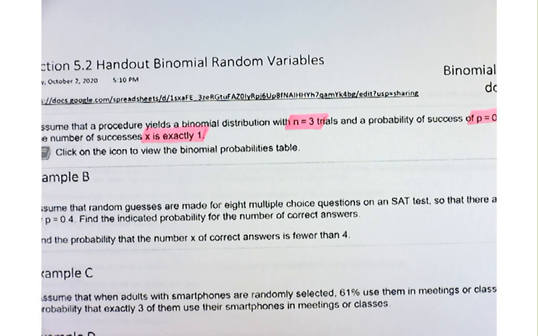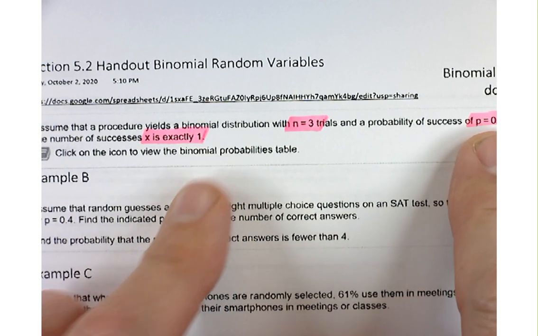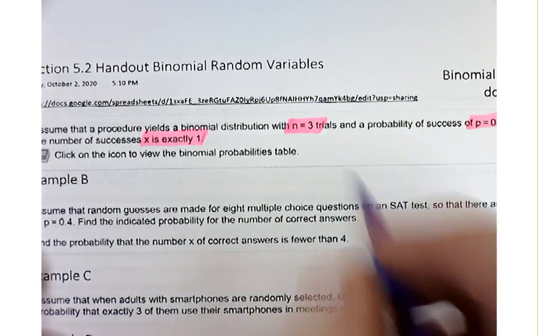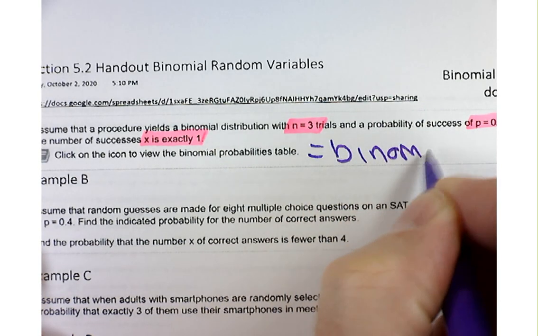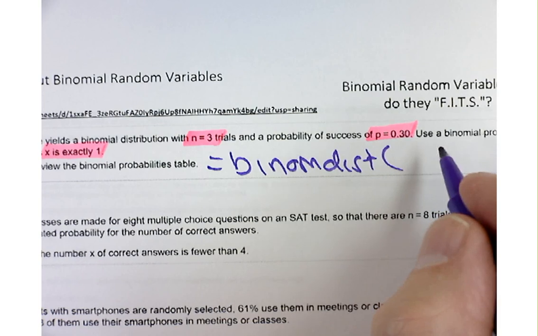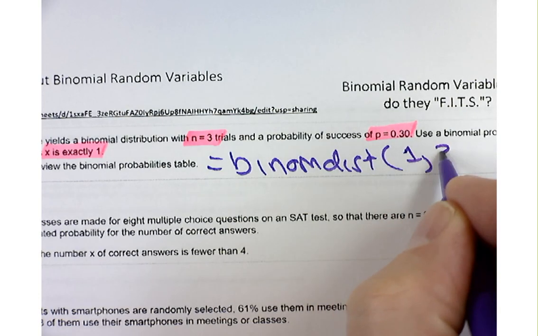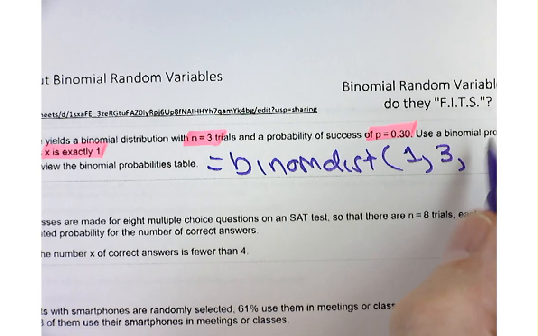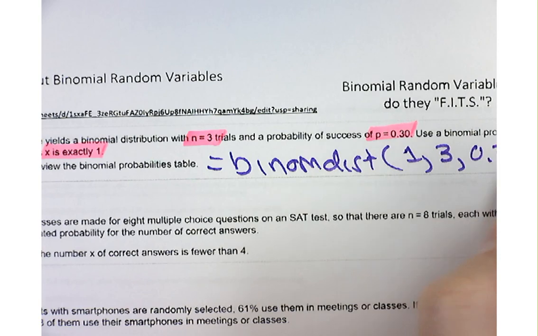You want to find the probability of getting 1 heads out of 3 flips. The command is going to look like this: binom dist. First comes x, which is 1, then n, which is 3. Probability of success is 0.3, and then I'll type in false.